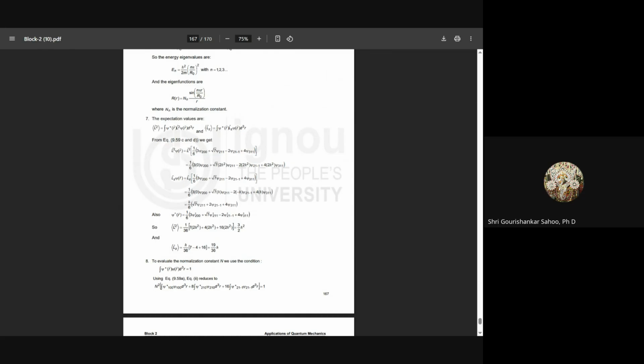So you can calculate the expectation value of L cap square and Lz as shown on the screen. The average value of L cap square will be 3/2 h cross square, and the average value of Lz cap will be 19/36 h cross, and the solution is shown on the screen.